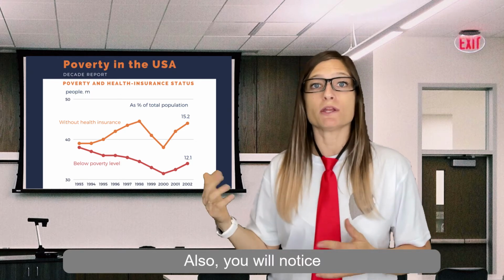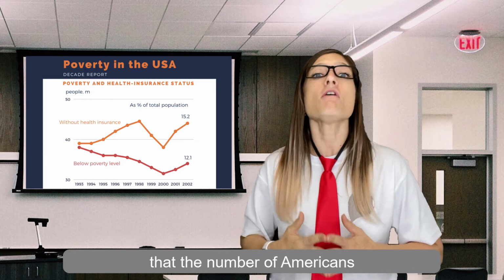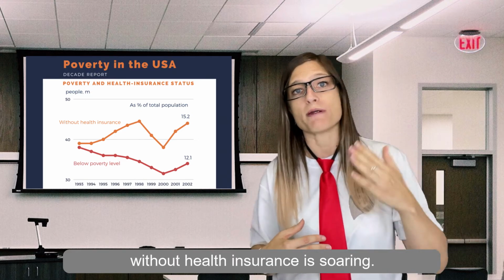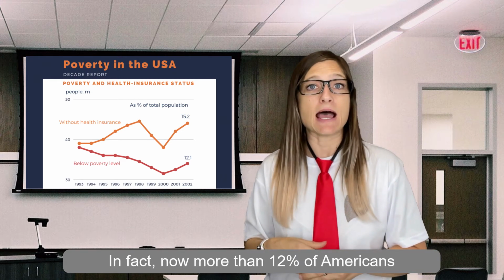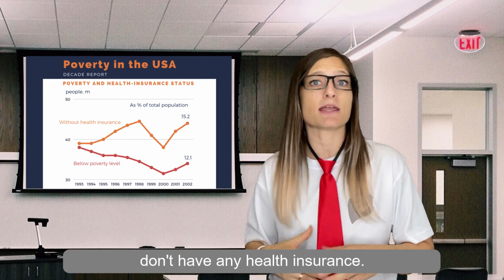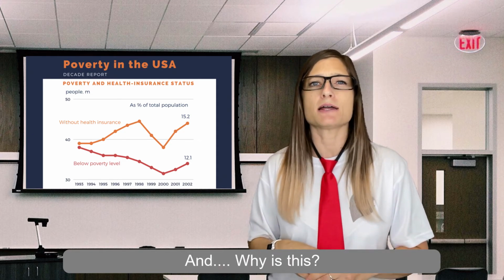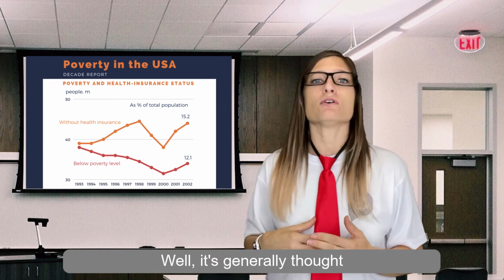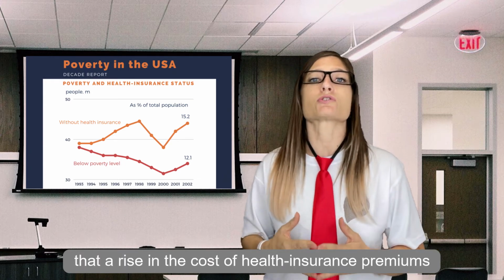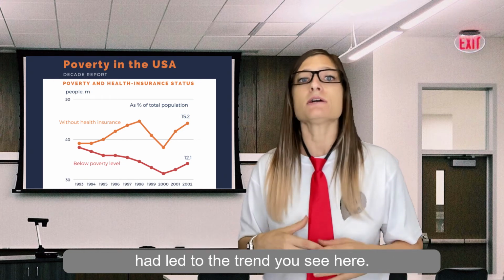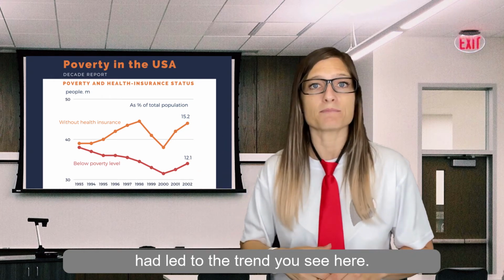Also, you will notice that the number of Americans without health insurance is soaring. In fact, now more than 12% of Americans don't have any health insurance. And why is this? Well, it is generally thought that a rise in the cost of health insurance premiums had led to the trend you see here.